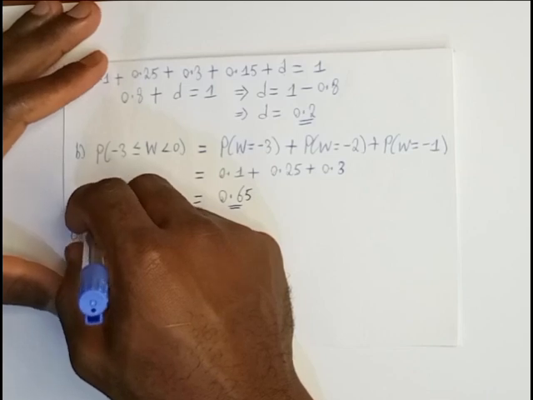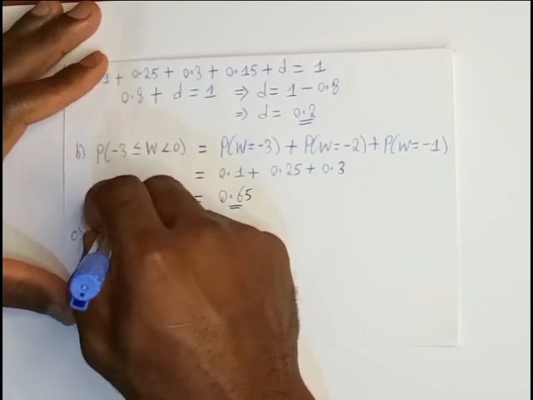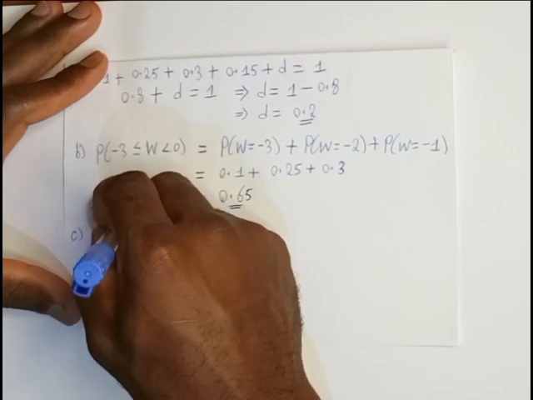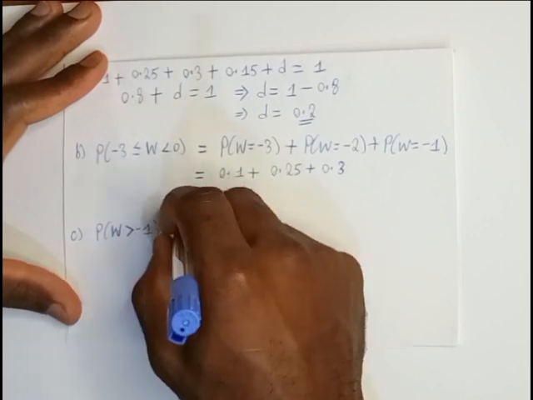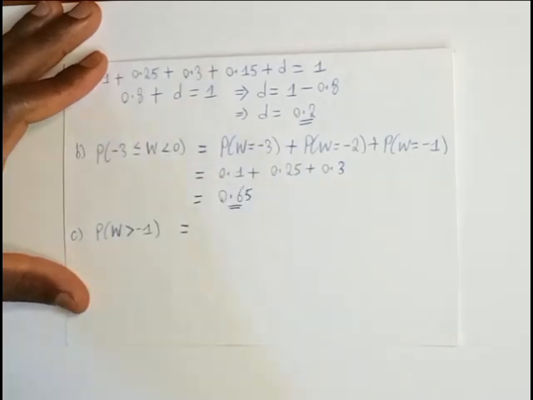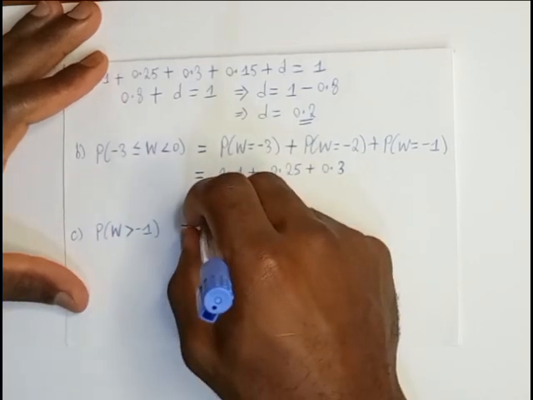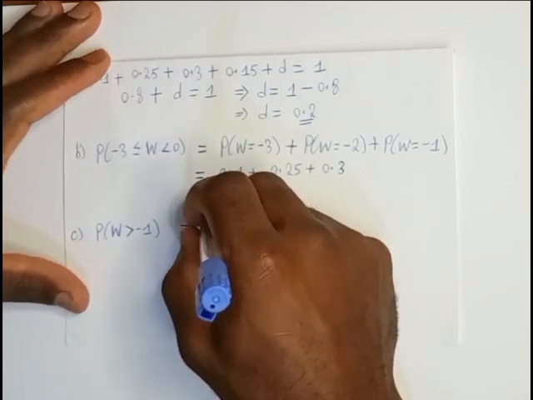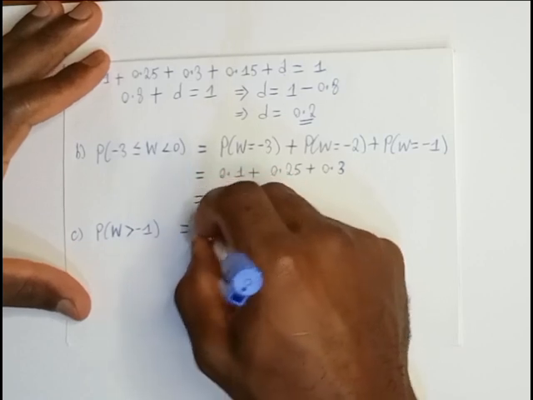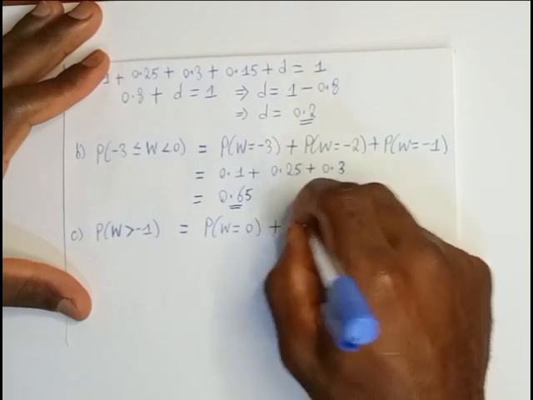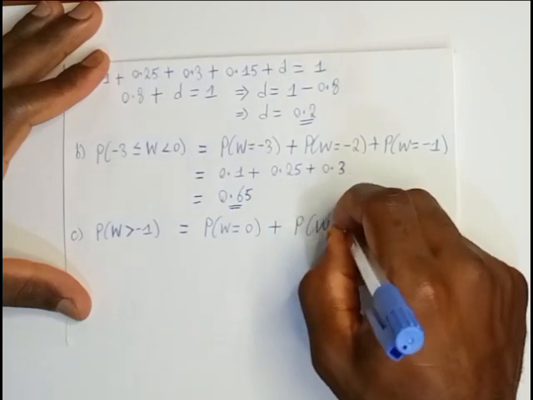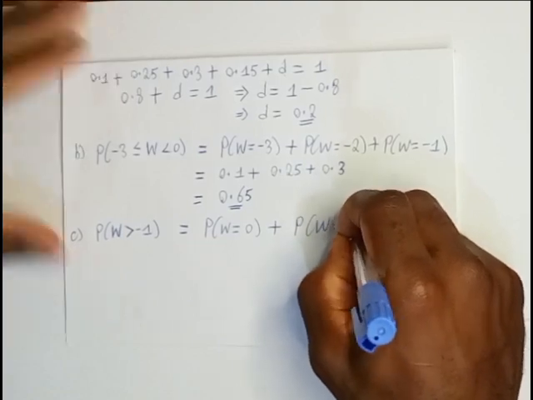We have to find P of W greater than -1. This will simply be equal to, take the integer values from 0, P of W equal to 0, plus P of W equal to 1.